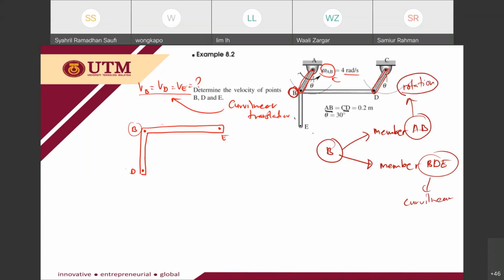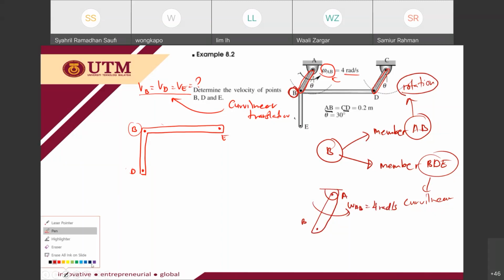So basically, if I draw the member, this one is A, this one is B. Provided in the question, omega AB is equal to 4 radian per second. The path of motion should be like this, because it's rotation.